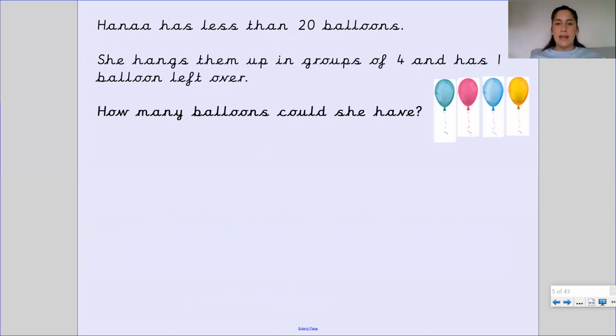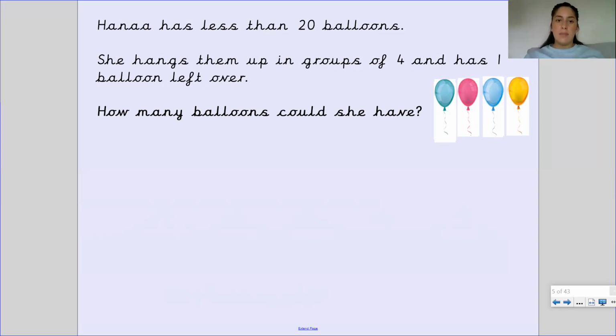Hannah has less than 20 balloons. She hangs them up in groups of 4 and has 1 balloon left over. How many balloons could she have? This is a problem solving question, so you can have a go at drawing the balloons or representing them as groups of 4, however you want to do it.